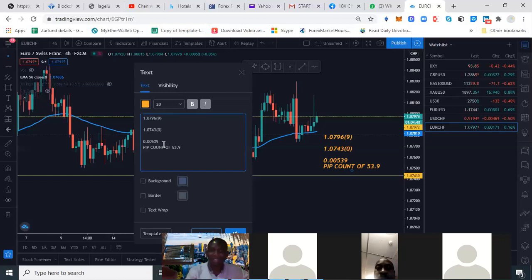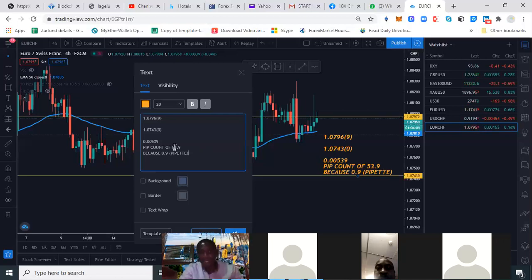It's 53.9 because the 0.9 is the pipette. So you can even ignore it. You can remove it, it's not a problem. What's more important is your pip. But you can also add it for the sake of calculation.